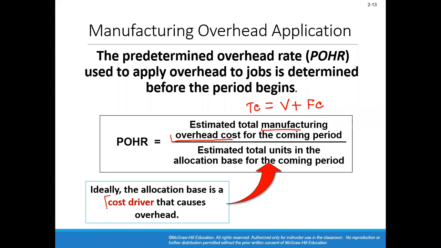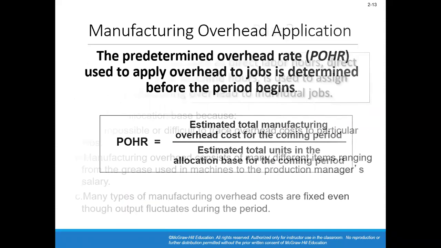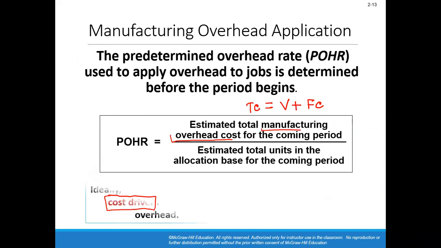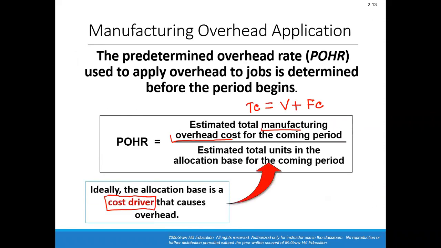So it is important to understand that the allocation base should be the cost driver. You probably can recall when I was mentioning that my manufacturing overhead cost goes up when the direct labor goes up, or when the direct labor goes down, my manufacturing overhead cost goes down.